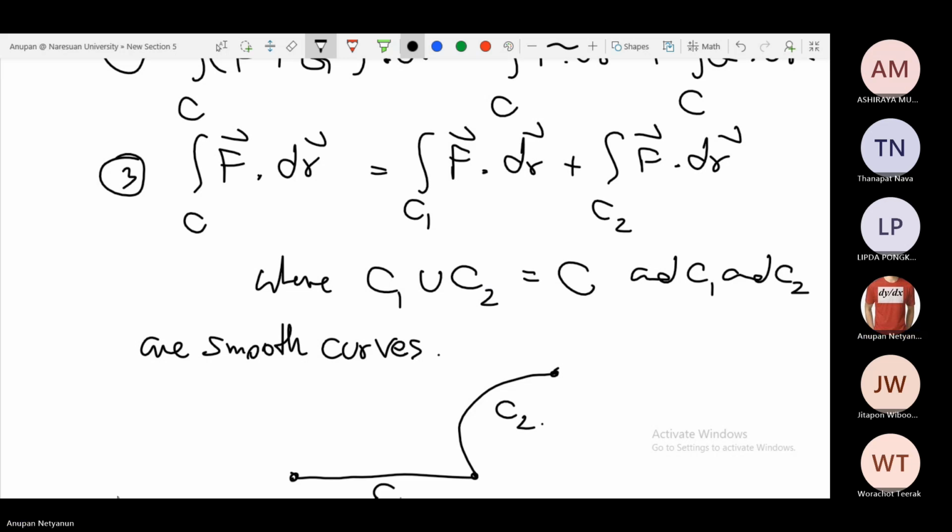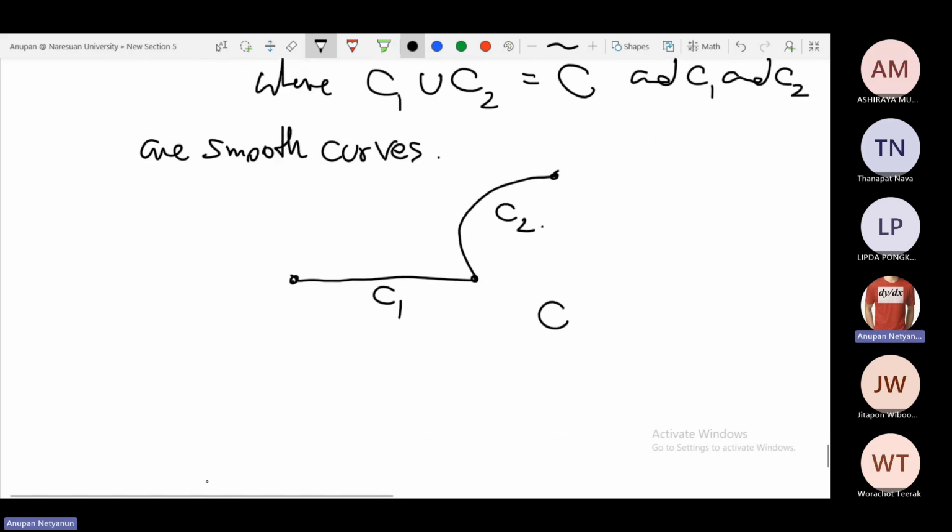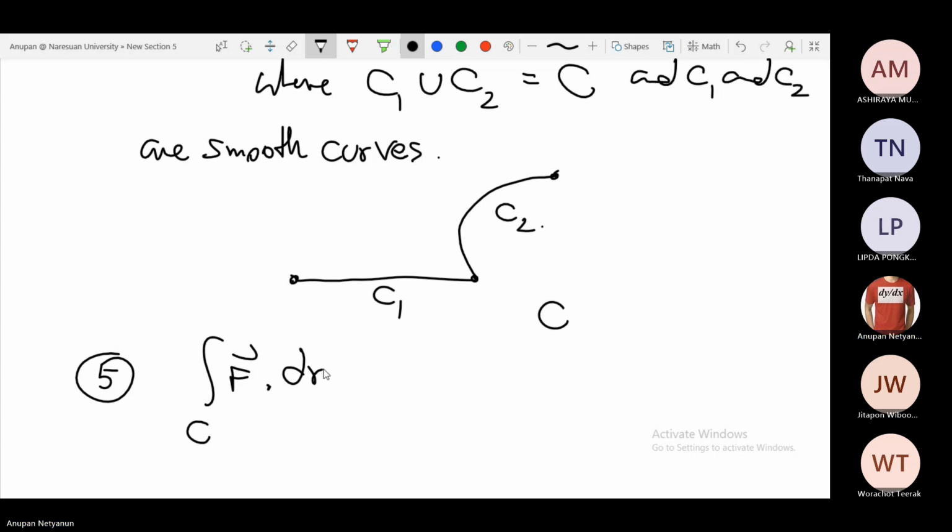And you have number 5, which is the integral on the curve C of f dot dr is equal to, well, let's say the direction is going this way.